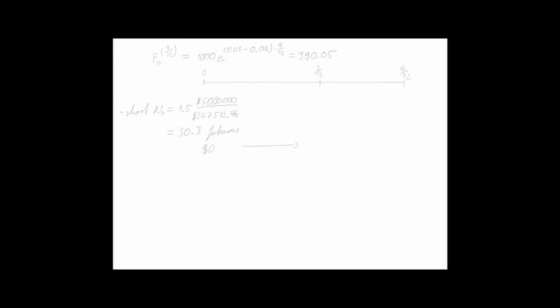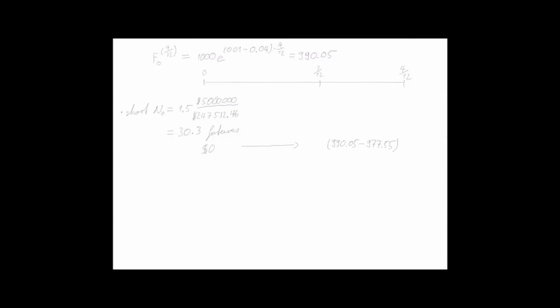So for simplicity, we're going to ignore daily settlements and reinvestment of daily payoffs. And all we're going to do is look at the cumulative change in the futures price between time 0 and 3 months. And therefore, the short position earns an amount of money equal to the futures price at the initial date of 990.05 index points minus the new futures price in 3 months, which is 977.55 index points.